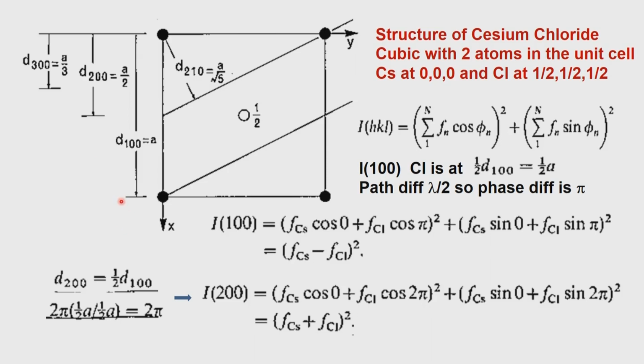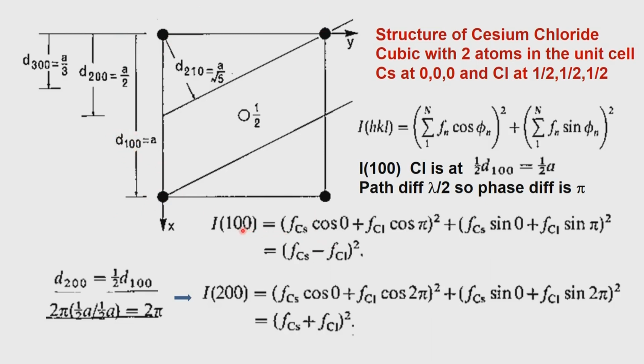This is your 1 0 0 direction, this is your 0 1 0 direction, and this point is 1 along this and 1 along that. We therefore consider the contribution of d_100, the intensity of 1 0 0.